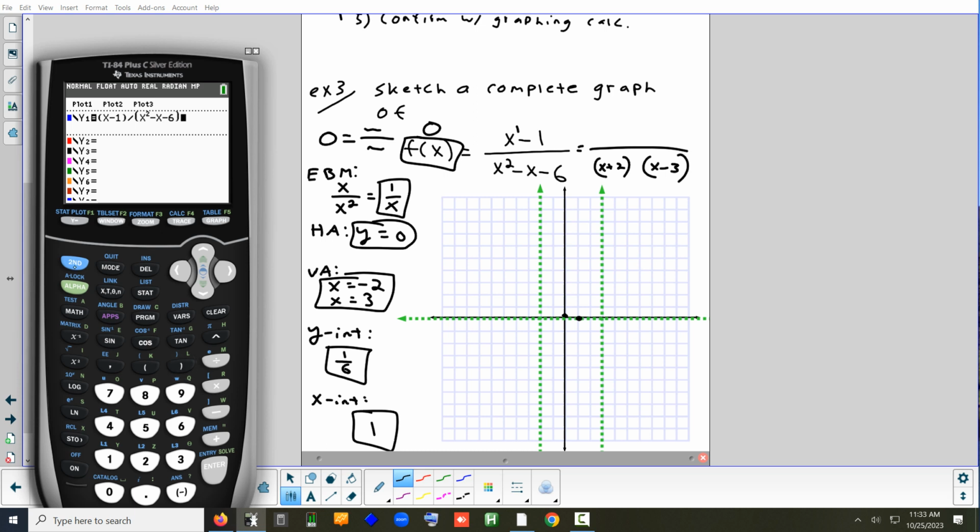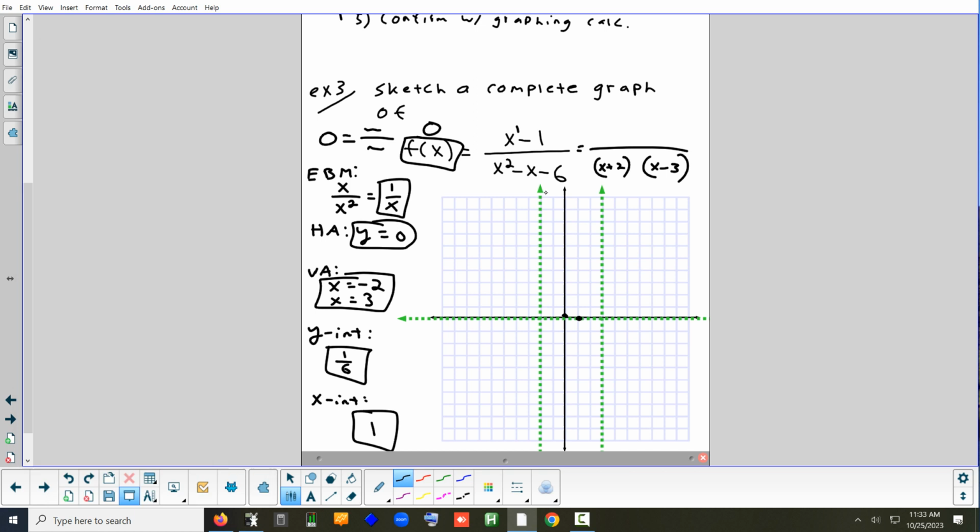So what we want to do now is make sure our table is set up, and we're going to plug in some numbers. What's a value very close to -2? -1.99999. Okay, that's just to the right of -2, so you're going to be way up at infinity.